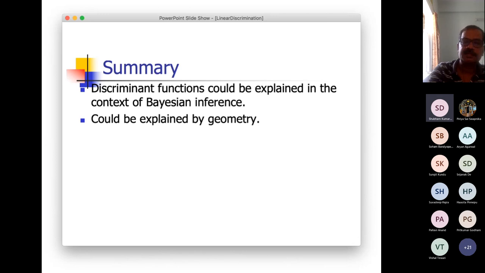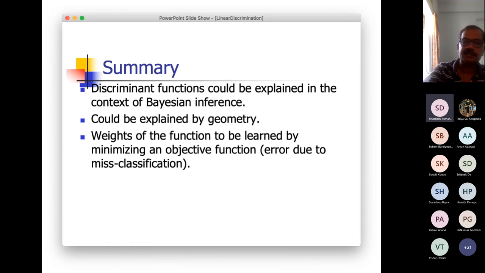But the other way, from the linear discriminant functions directly you can compute the posterior probabilities, and you can maximize the likelihood of the class labels of the samples under the same framework. That is also very interesting.